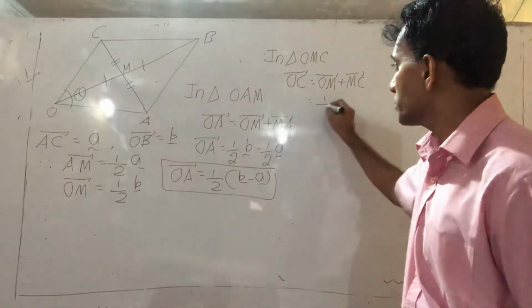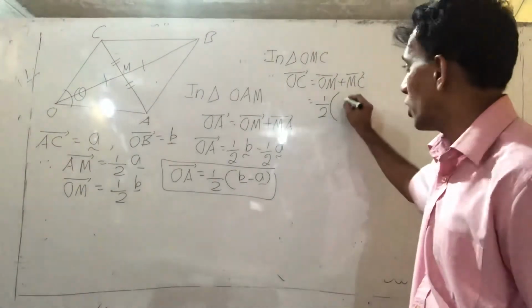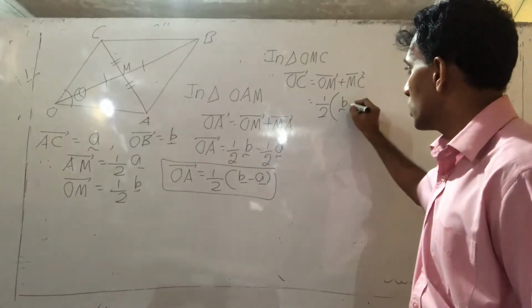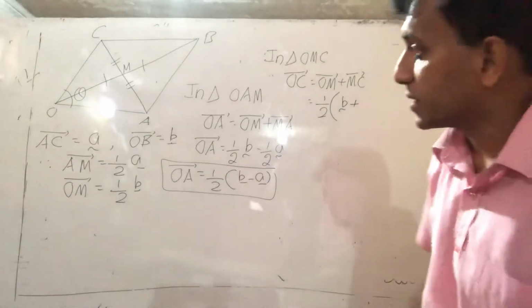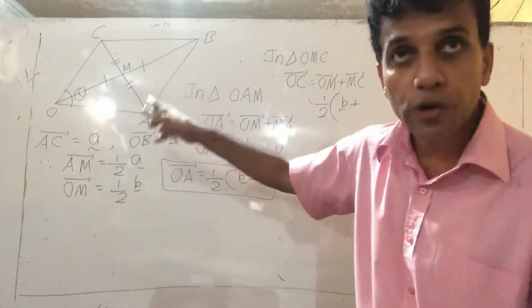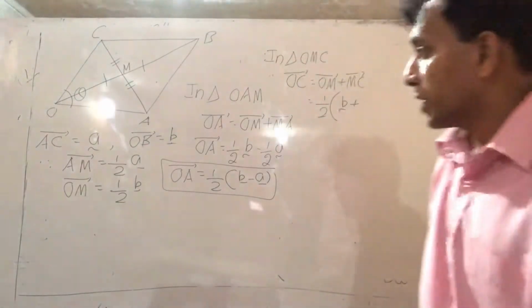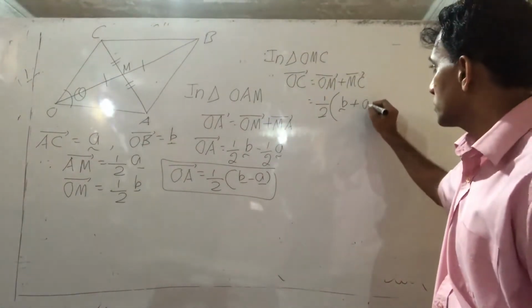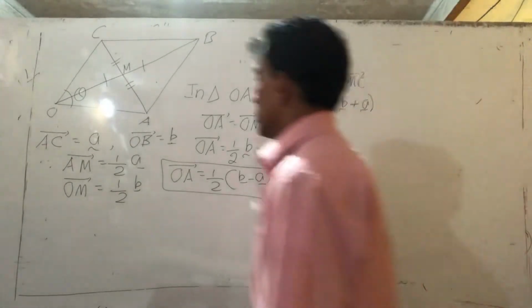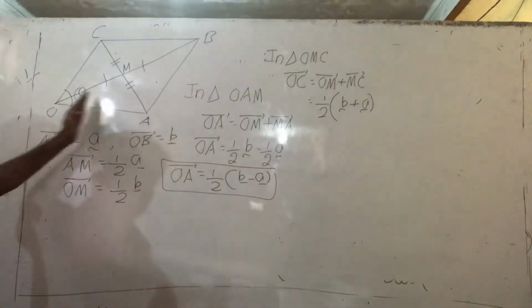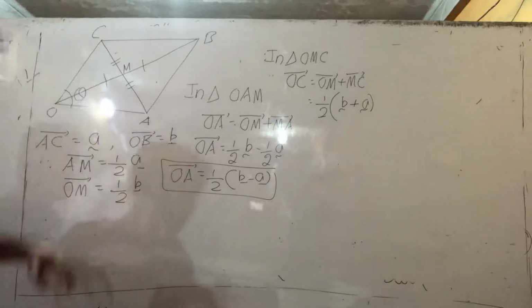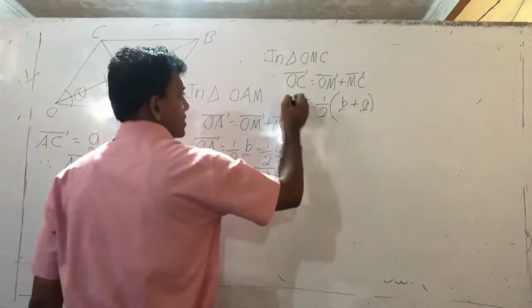Half B, and take the half out. What is MC vector? AM equal to MC. Therefore, that also half vector A, right? So can take the half out, therefore A. Okay. So you know the OA vector, you know the OC vector. Therefore, you use the vector product.